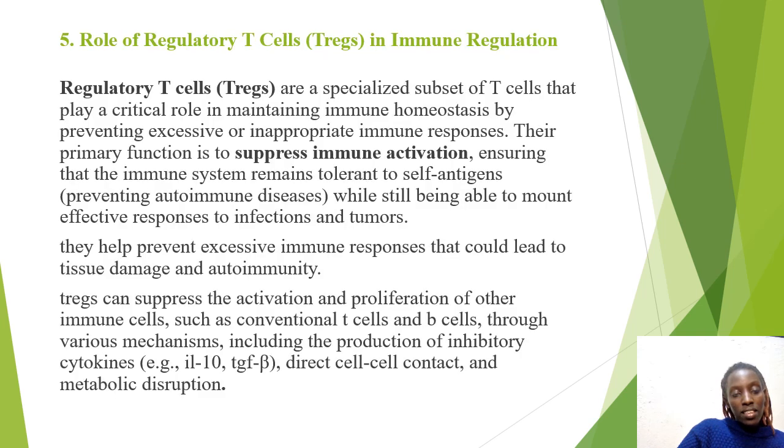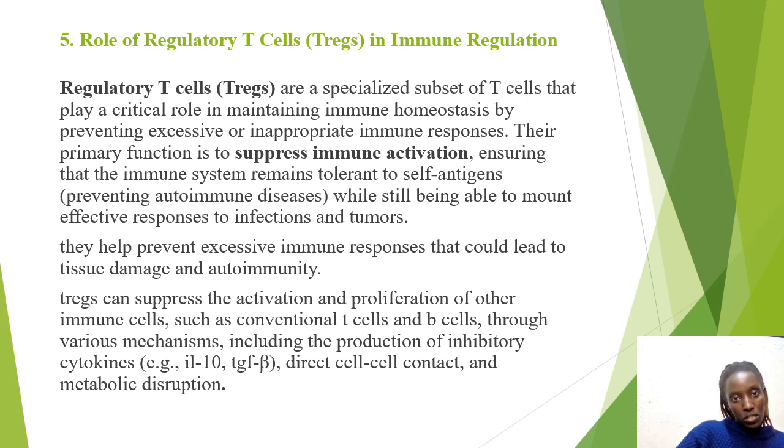The fifth thing talks about the role of regulatory T cells, also called Tregs, in immune regulation. Regulatory T cells are a specialized subset of T cells that play a critical role in maintaining immune homeostasis by preventing excessive or inappropriate immune responses.